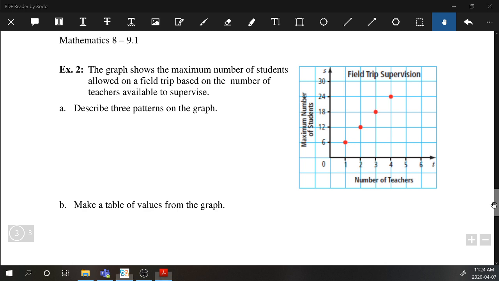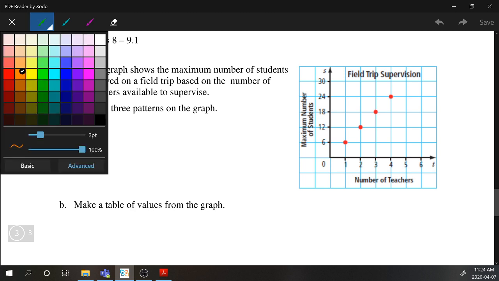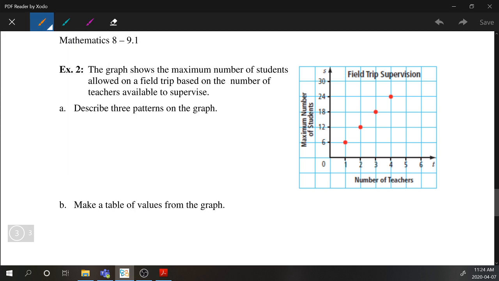So the 3 patterns on the graph that you will see, the first one you will note is that there's 1 teacher for every 6 students, one teacher, 6 students, 2 teachers, 12, 3 to 18, 4 to 24.